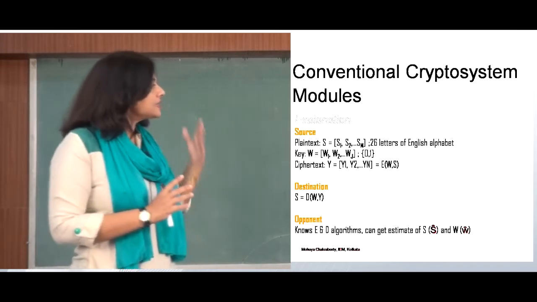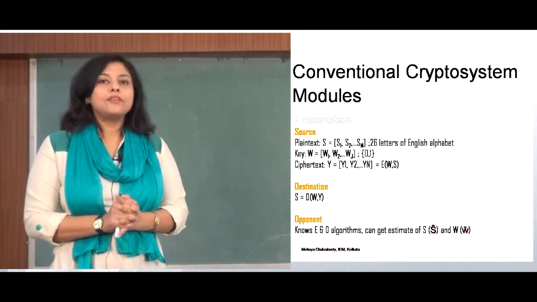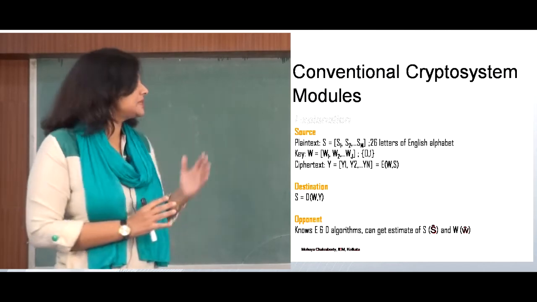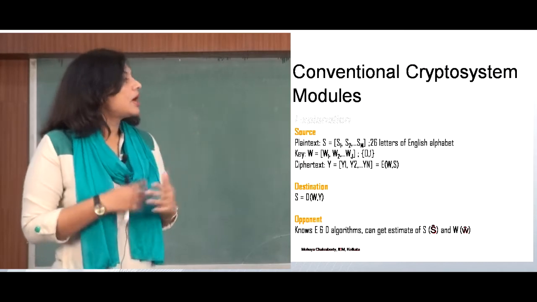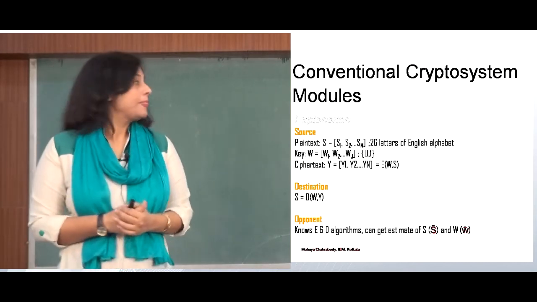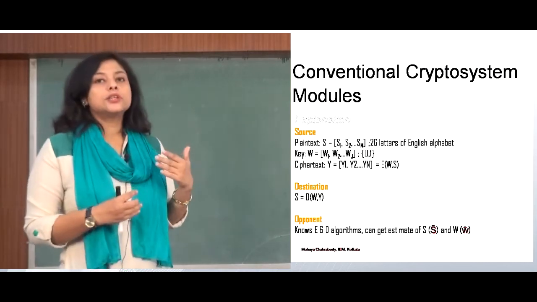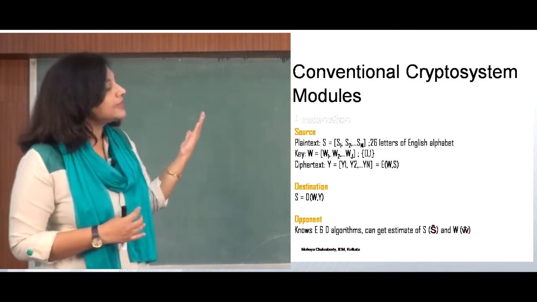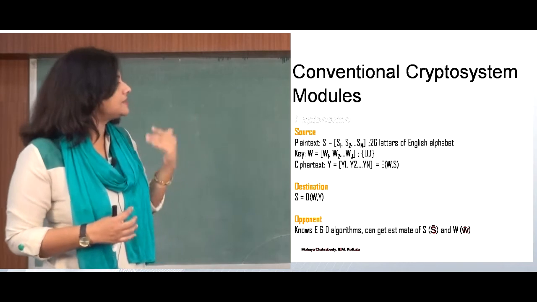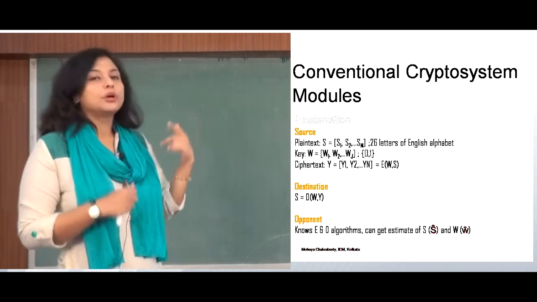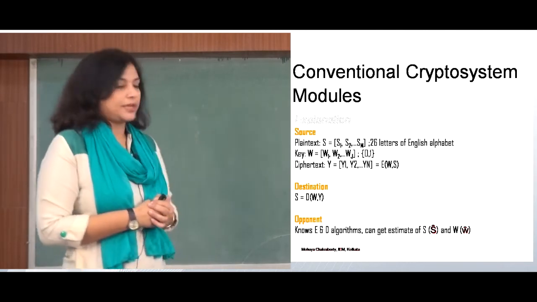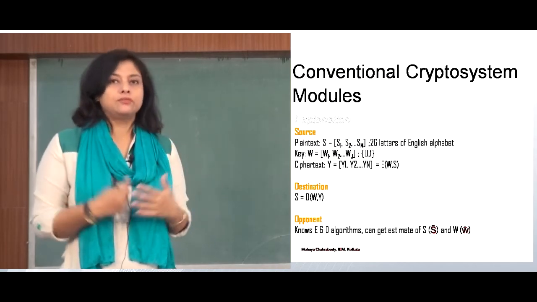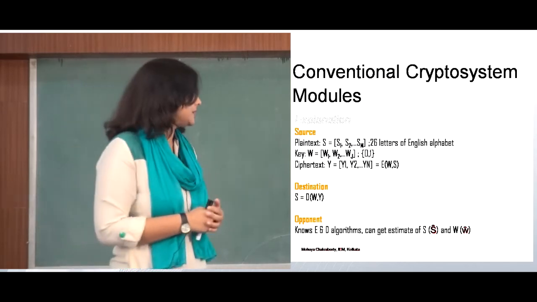Now let us consider a source having plain text S consisting of various letters, let us say S1, S2 up to SM. That means we are considering the 26 letters of the English alphabet. Let us say the key W consists of the letters W1, W2 up to WJ, and let us say the letters are only zeros and ones, that is binary letters we are considering.